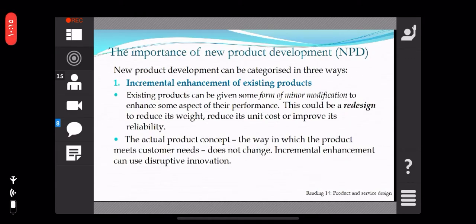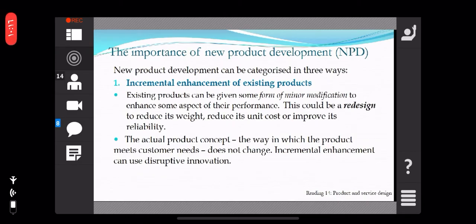So incremental enhancement of existing products means the product is already available, and you are making some changes, minor modifications. Basically, these are existing products that can be given some form of minor modification, small changes, to enhance some aspect of their performance.